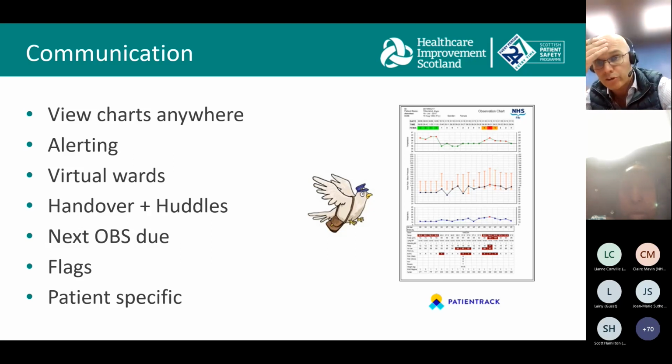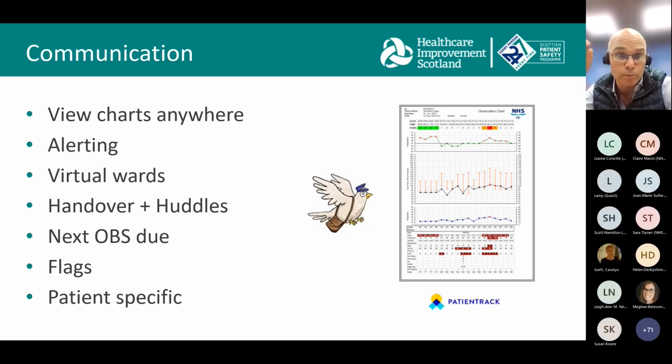And the system that we've got, Patient Track, has a flag system whereby you can individualize bits of information such as DNA CPR or not for critical care, or even not for alerting for some patients that I was alluding to earlier on that might be for palliation. You might want to do eObs, but not alert hard to some of the phones. So you can put flags on that will mean that those alerts don't happen spuriously, so that you can target specifically the high early warning scores. And when they go off, you know that that patient is sick and it's not a spurious call.